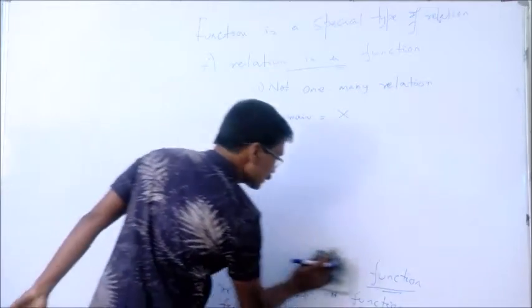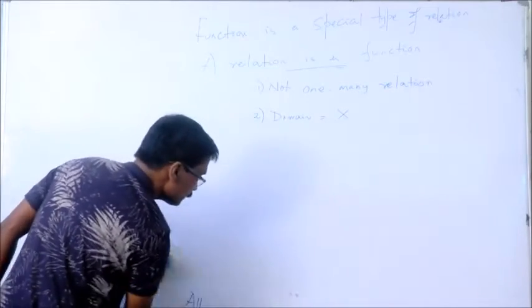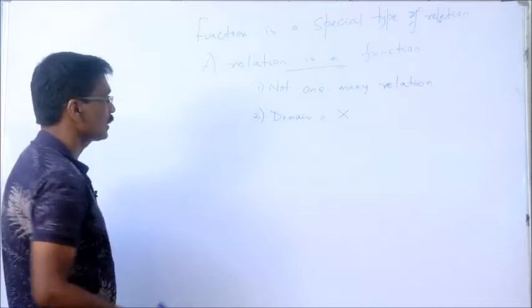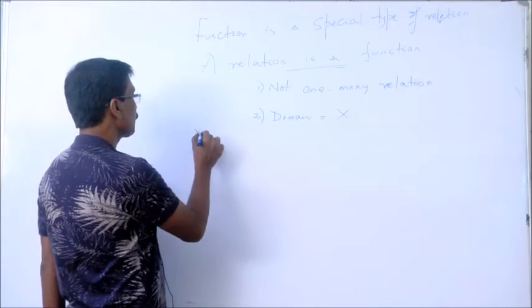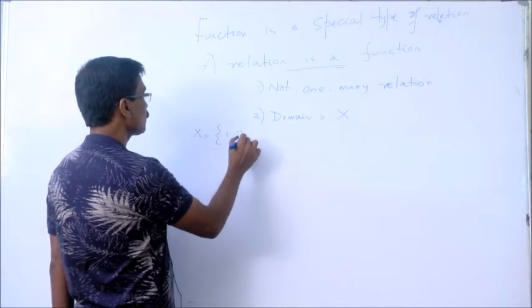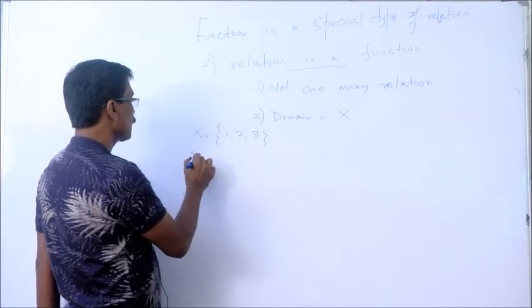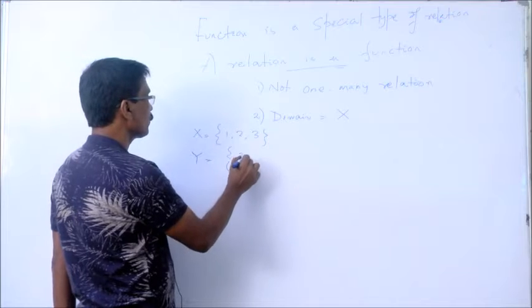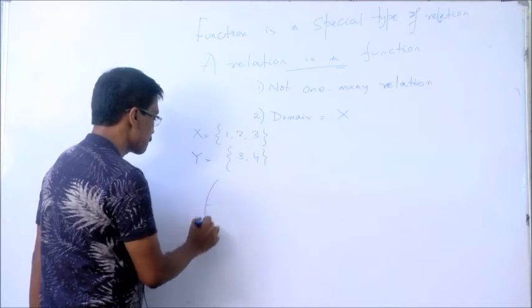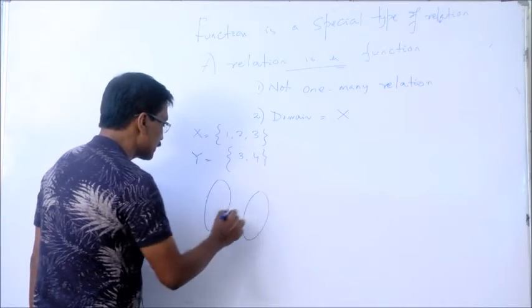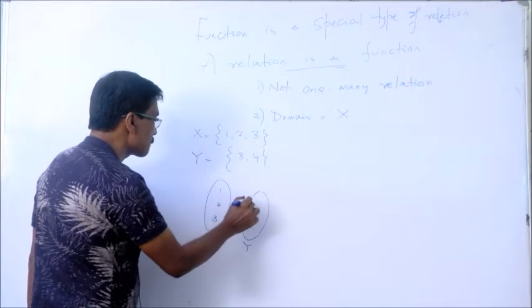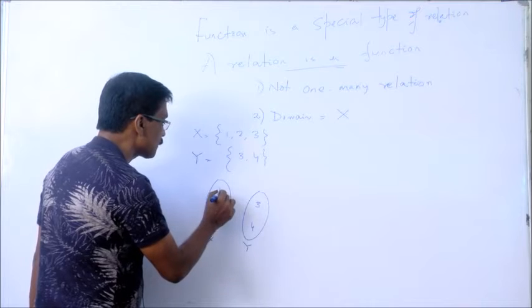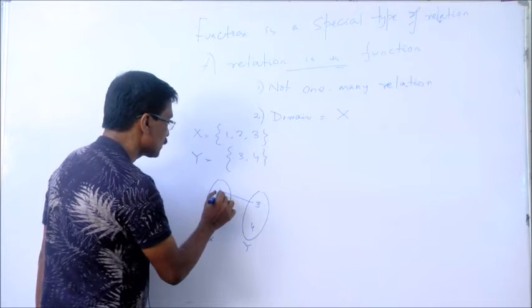So, we will say that suppose in the same example the x set is 1, 2, 3 and the y set is 3, 4. If we represent it pictorially, x to y, 1 2 3 and 3 4, here it is 1 to 3 and 1 to 4.